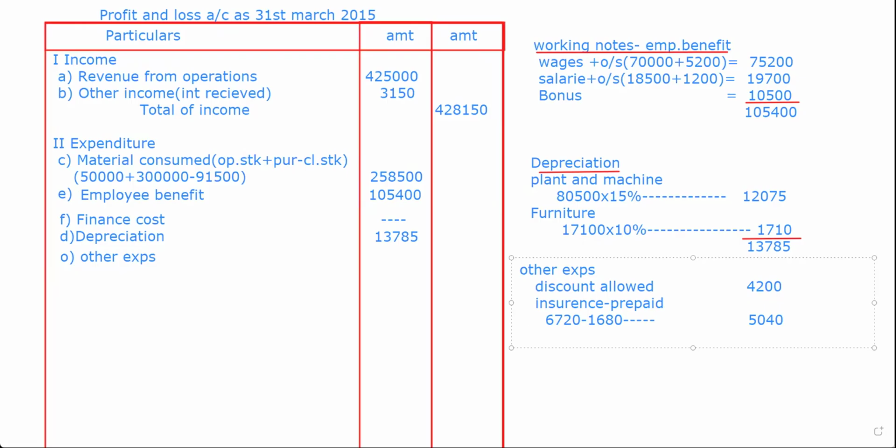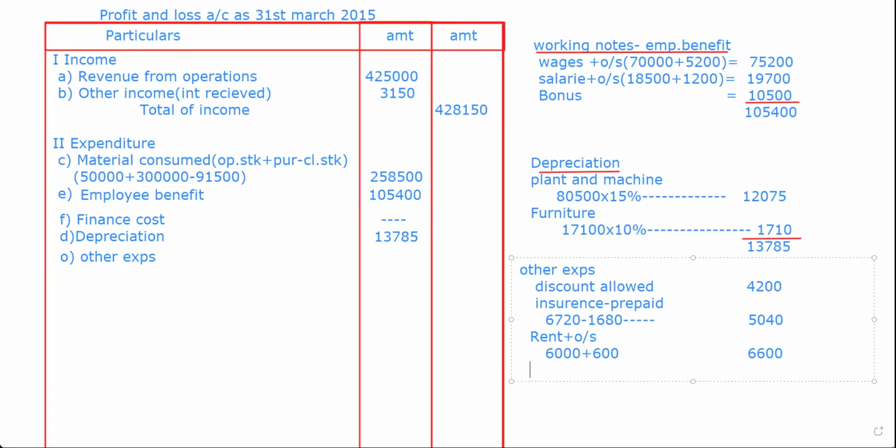Apart from that, salaries is done. Rent is there. Now for rent we have the outstanding as well. So rent plus outstanding he has given. Rent he gave me 6,000 and the outstanding is 600, which he has given me in the adjustment. So the total amount is going to be 6,600.